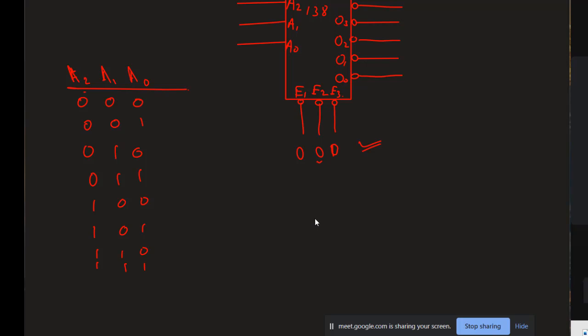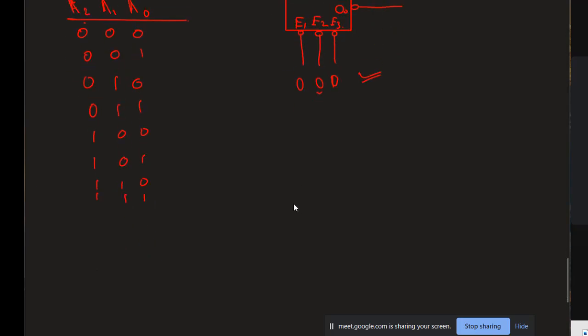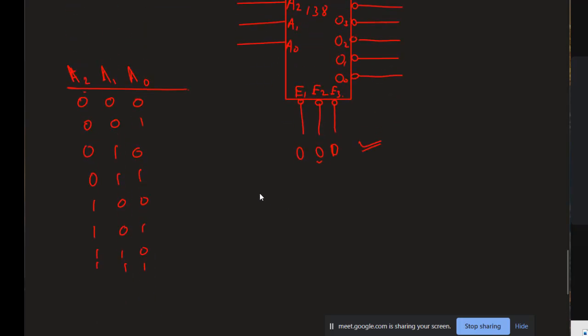Since we have 3 inputs altogether, we can logically have 8 different combinations. They can make themselves with 8 different combinations. That means at the output we have 8 different lines. Suppose our O3, how are you going to represent this?